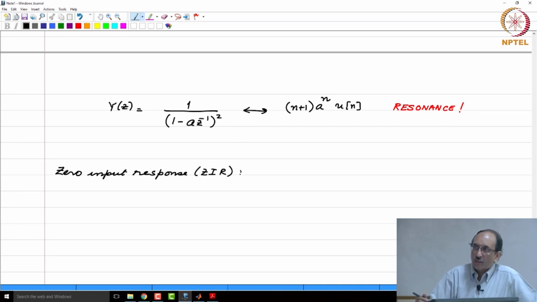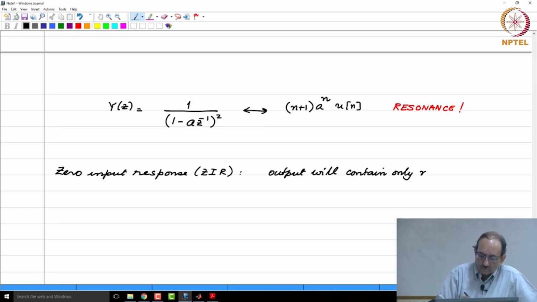The output will contain only natural modes. So, the continuous time case analogy is, if you had an RLC network and if there were initial capacitor voltages and inductor currents, and if the input is made 0, all these things will decay and the output will contain only the system modes. Now, let us consider the zero state response.